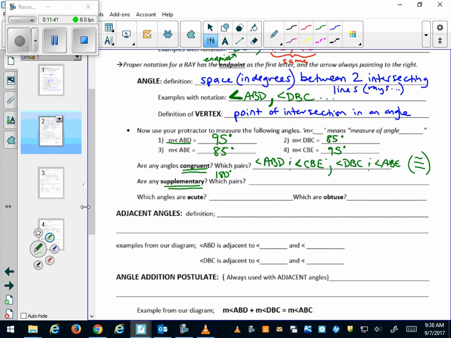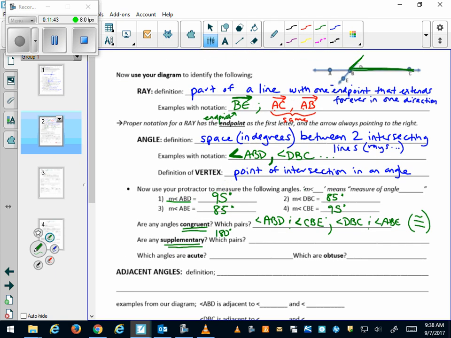If you notice in the diagram, when they're supplementary, it means that they are basically forming a straight line. Right? This angle plus this angle equal 180 because the whole straight angle was 180 degrees. So we have some supplementary angles here.